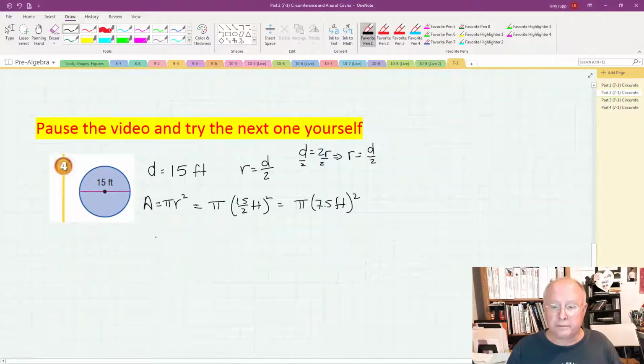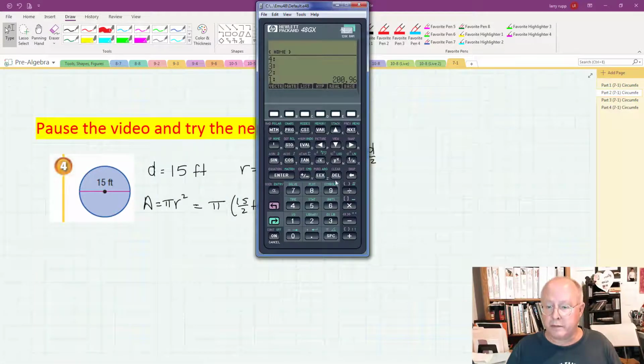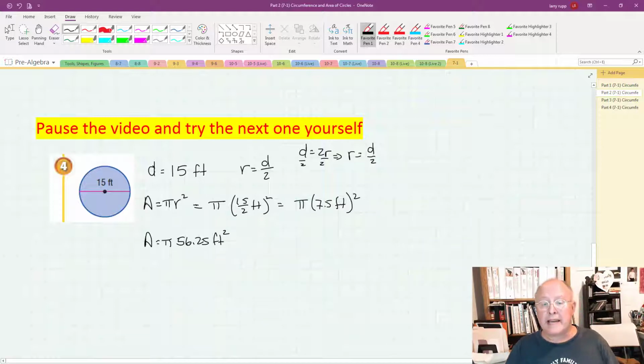All right, well, just to take things a step at a time, what's 7.5 squared? Well, we have 7.5. That would be 56.25. All right, so the area is pi times 56.25 feet squared. That's the exact answer.